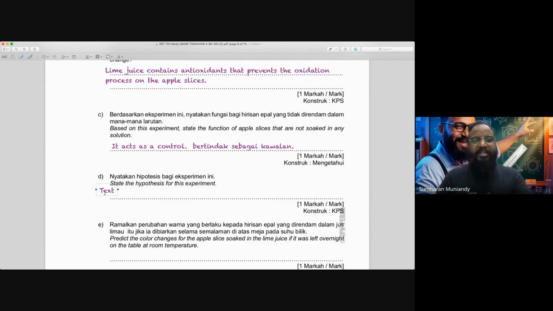If the apple slices are soaked in the lime juice, the apple slices do not change color.